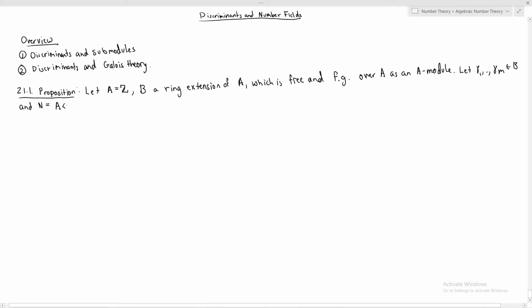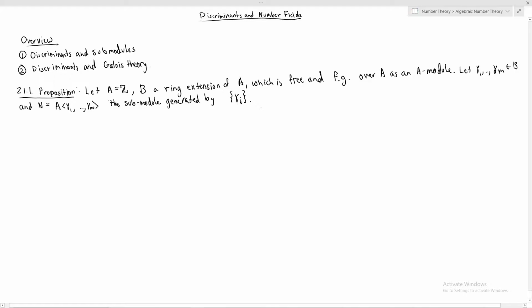So N is A gamma 1 through gamma m, the submodule generated. So this is different than the subalgebra. Submodule generated, so basically linear combinations of the gamma sub i's, by the collection of gamma i's.